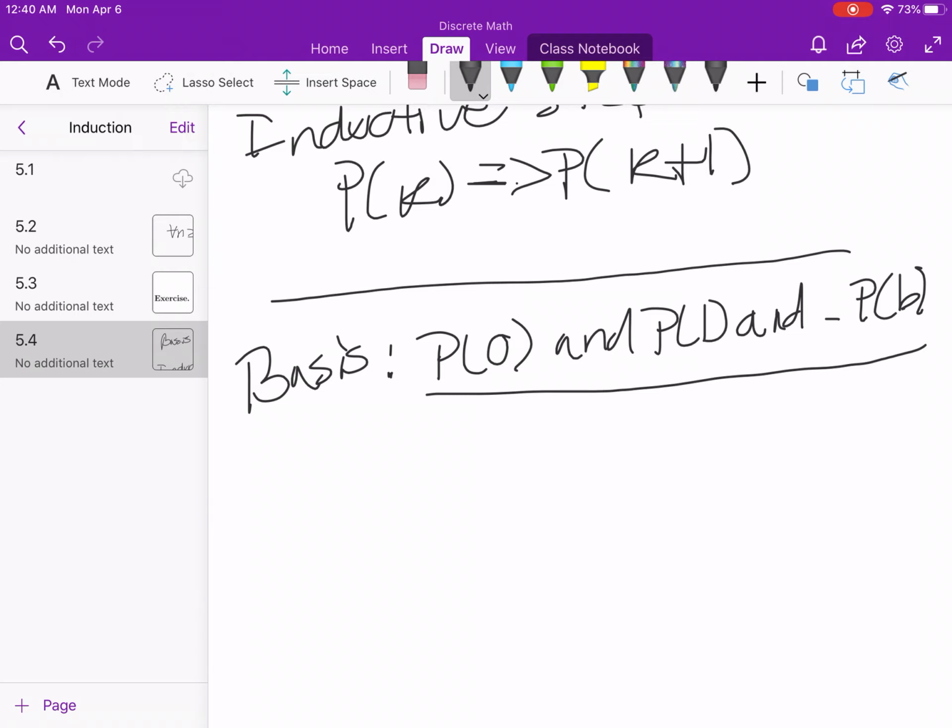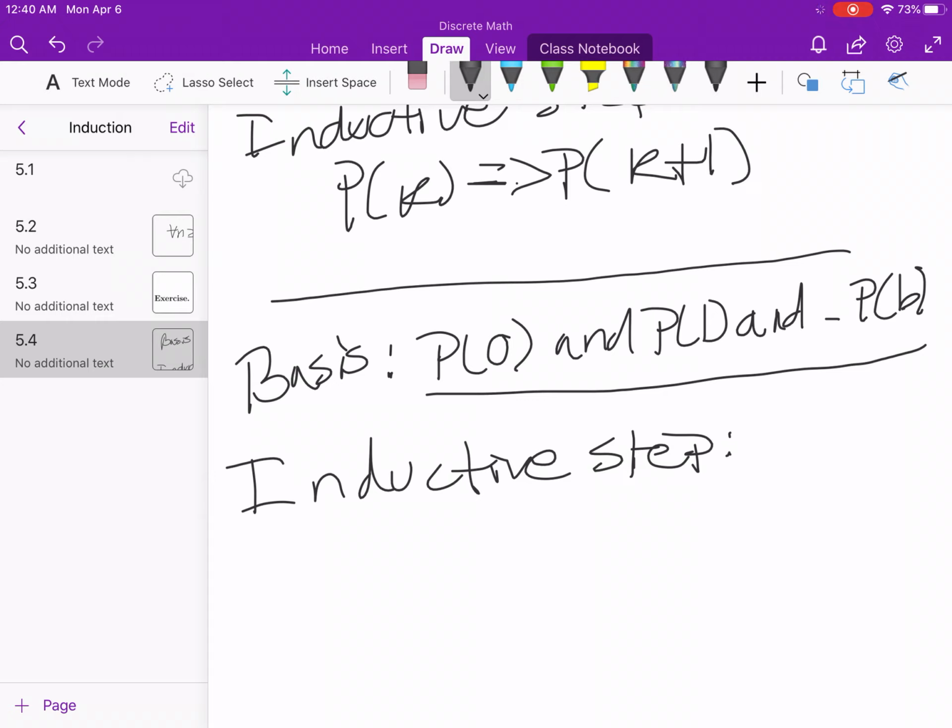And so then what do we do? Well, let's assume that we're proving it for all n, right? So for the inductive step, now normally we would suppose that P of K is true for some value K. We're going to do it a little bit different.